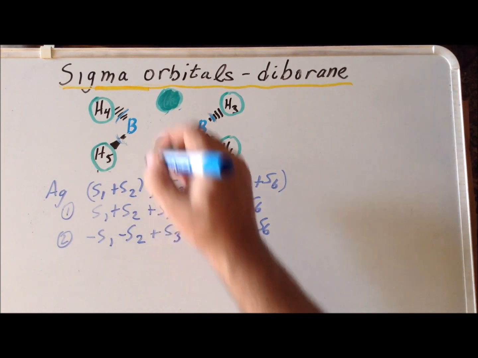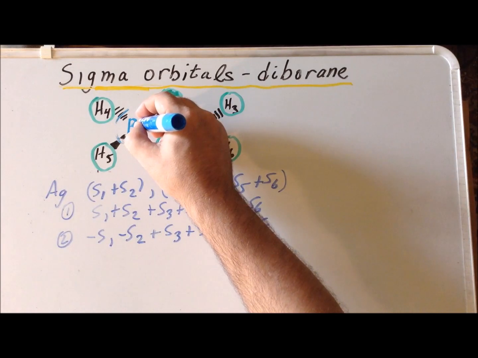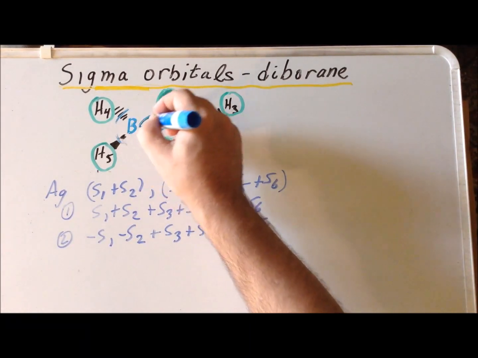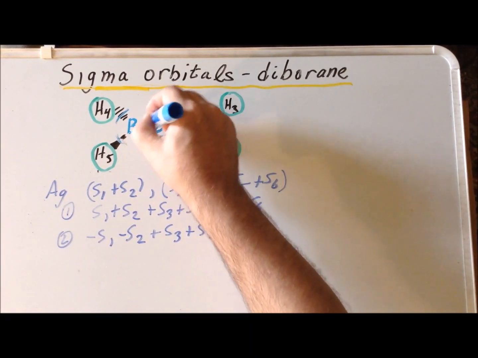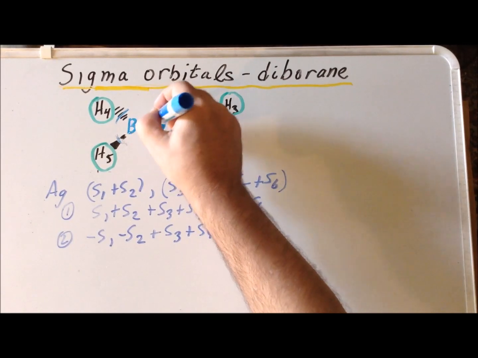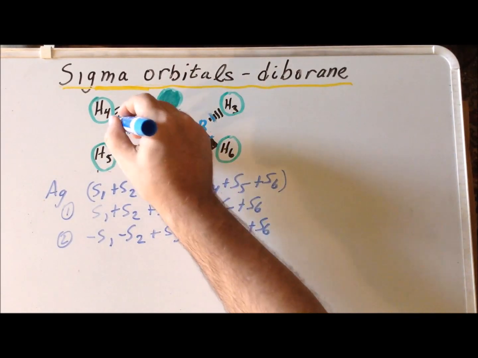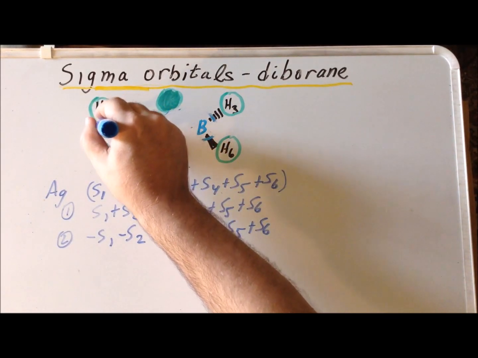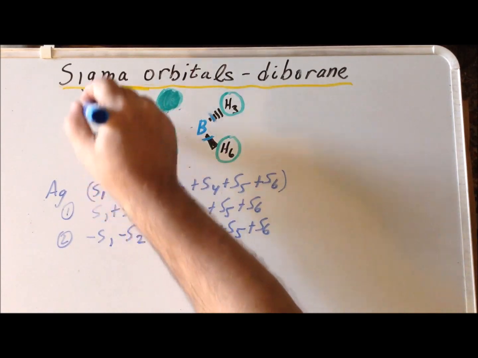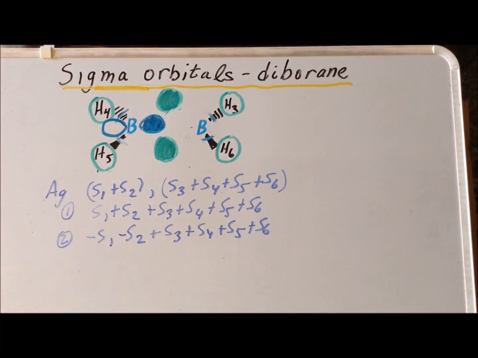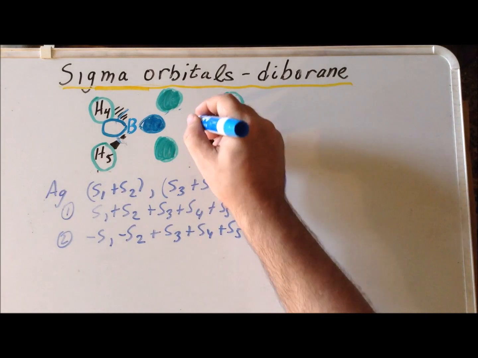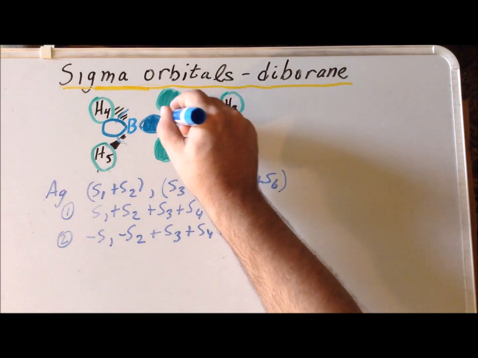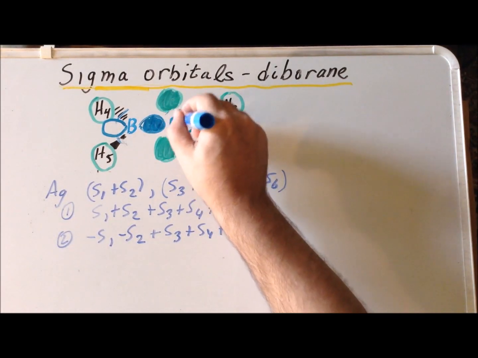The proper symmetry combination on this boron would have a negative phase towards hydrogens 1 and 2. Since they're all the same phase, that's a bonding interaction. Plus it's going to have the positive phase on this side, so this is a bonding interaction. And a similar construction for the rightmost boron. So its left lobe would have to be negative here.